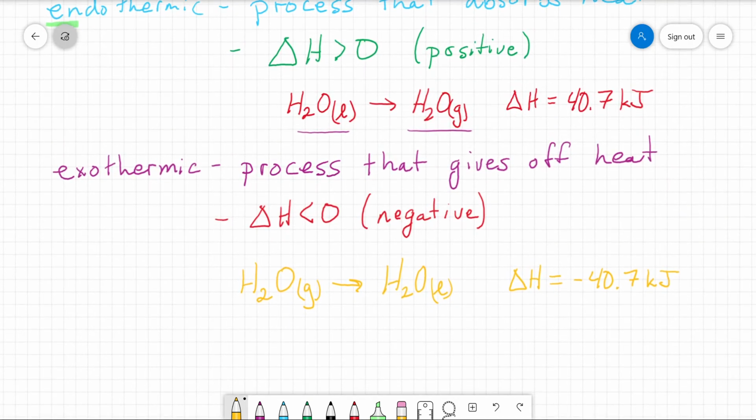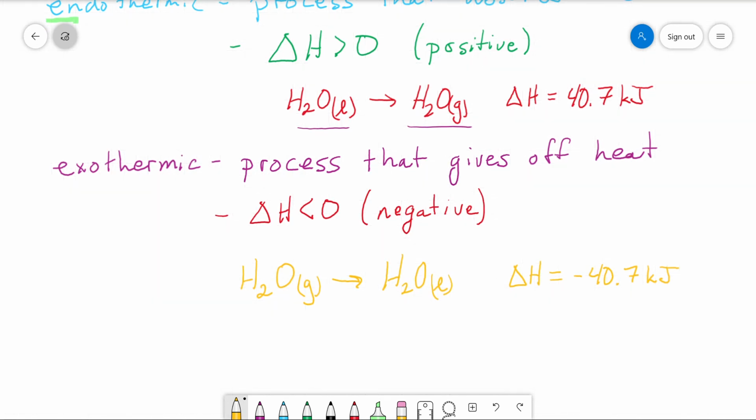Notice it's just the opposite of the value above. You flip a reaction around and you change the sign of delta H. That'll come up in a little bit. Okay, that'll be really important. But that is a very, very simple process. The vaporization of water, I'm sorry, the condensation of water, and it gives off negative 40.7 kilojoules per mole of water. Because remember, we have little coefficients out in front of here. These are all 1 mole.